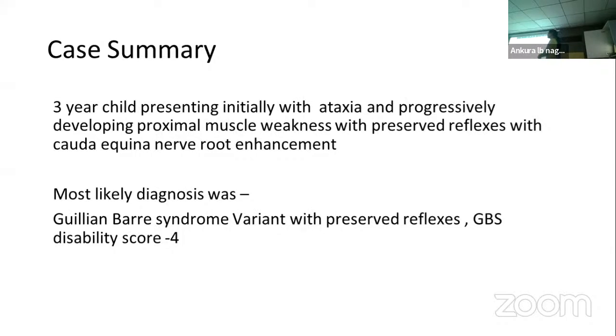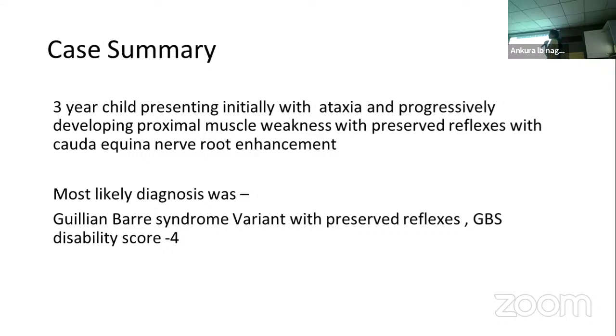What are the Miller-Fisher variants of GBS? What do you mean by Miller-Fisher variant? Ophthalmoplegia and ataxia. Right? Another is the Bickerstaff variant, that is brainstem encephalitis. Then there is another, cervicopharyngeal brachial.